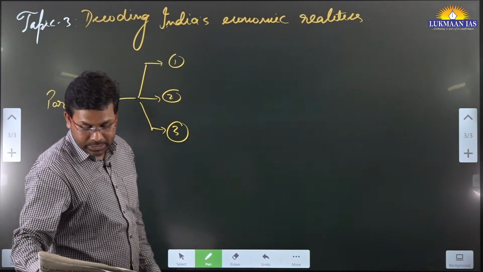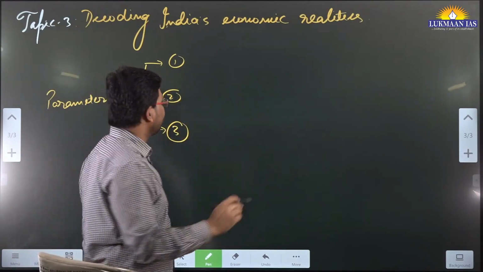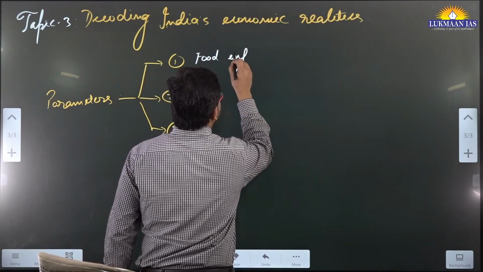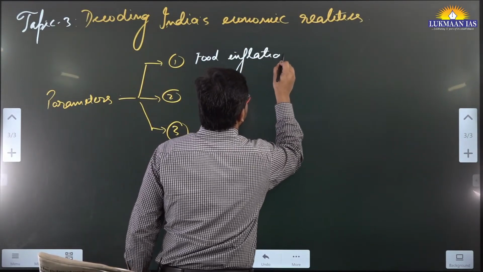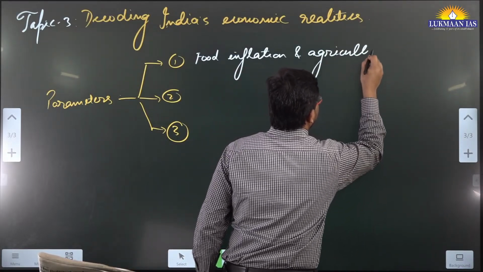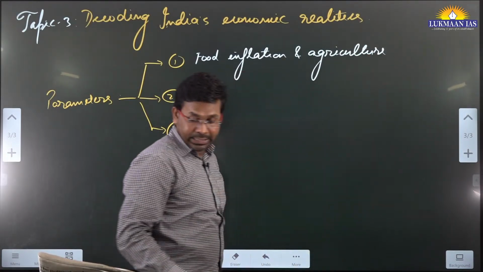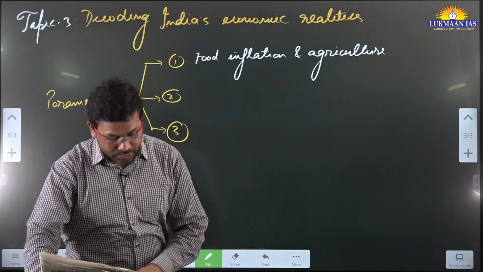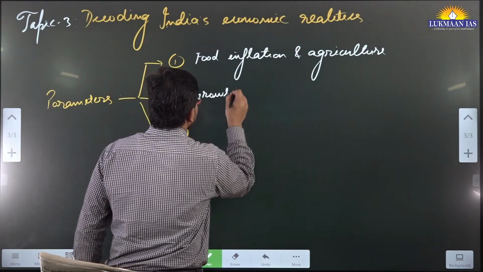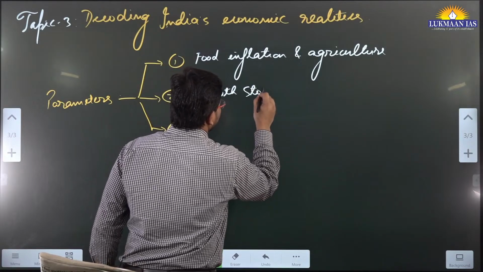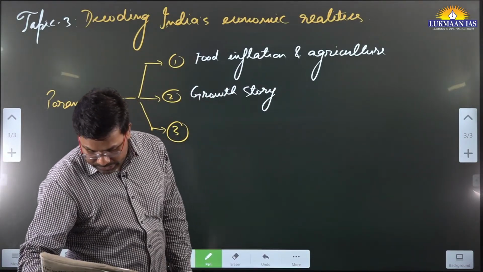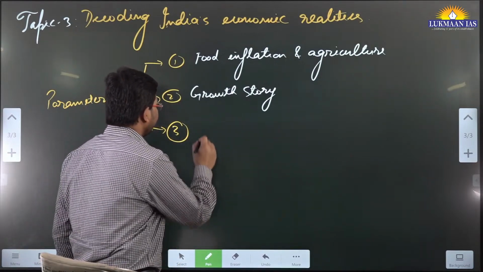Number 1 is food inflation and agriculture. The second parameter is the growth story. And the third parameter that we are going to discuss is NPA.